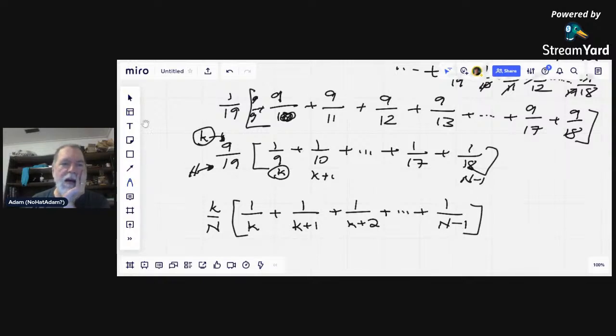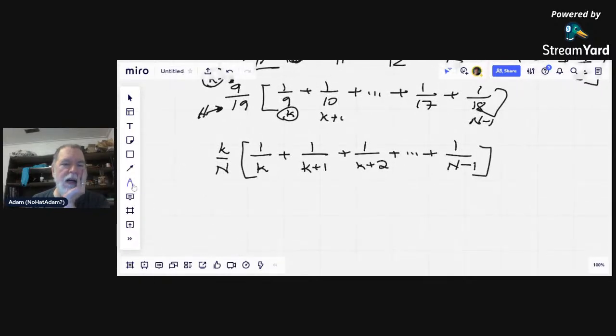And we have a nice, more formal way of rendering that: sigma, little n equals K to big N minus 1 of 1 over n.